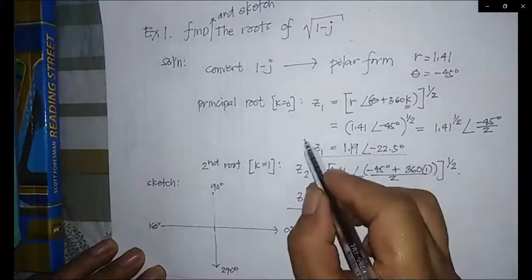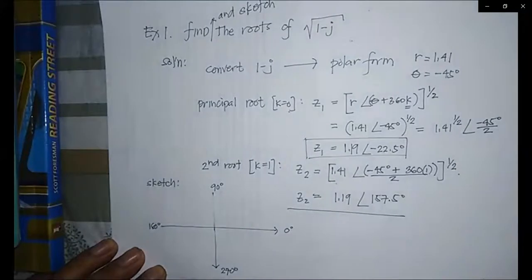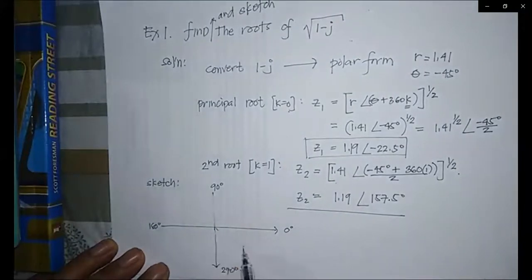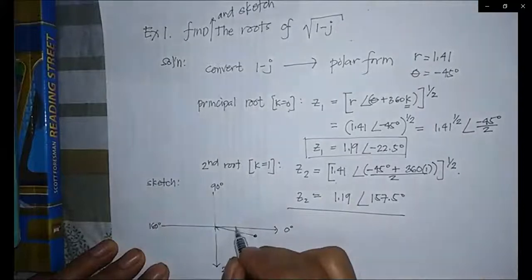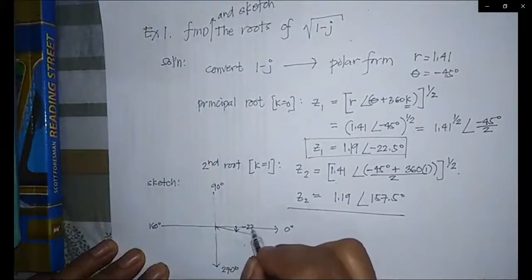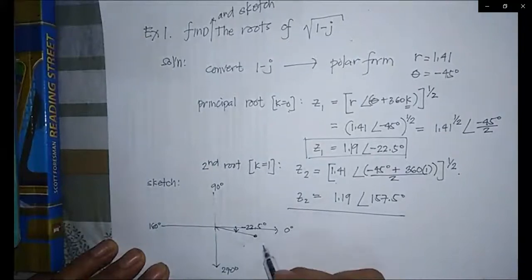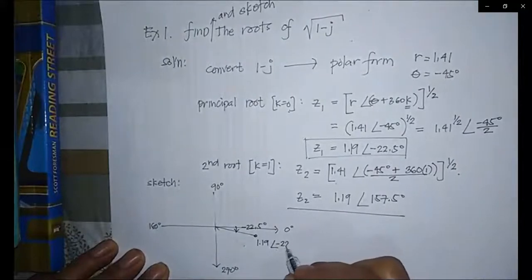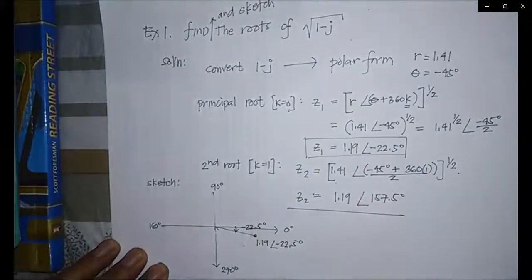Since root 1 is negative 22.5 degrees, that is 45, half of that will be negative 22.5. So negative, that is why it is below your 0 degrees. So negative 22.5. Now your first root will be 1.19 angle of negative 22.5.